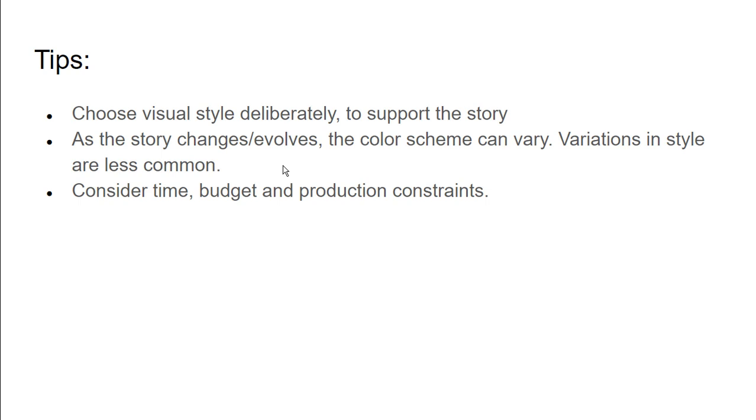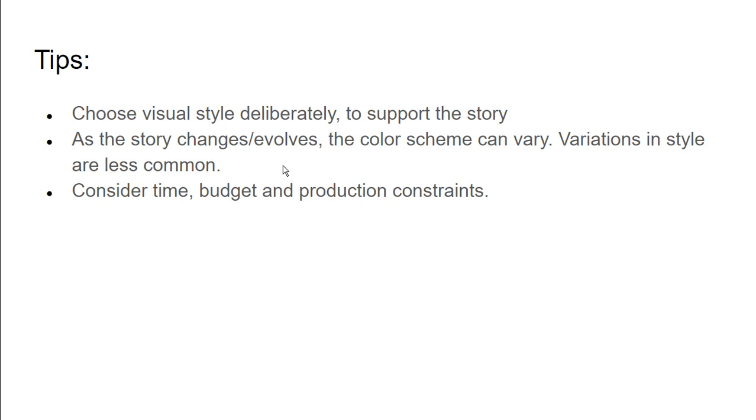a few tips. So when you choose the visual style, you should choose it deliberately based on the type of story that you're trying to convey. And as the story changes, the visual style and the colors can change. The variations in colors are more common.